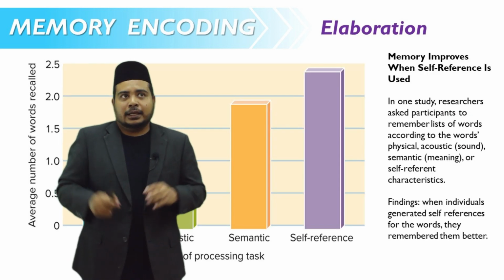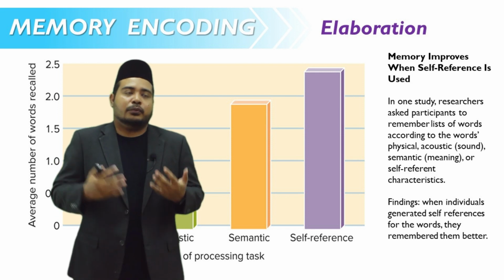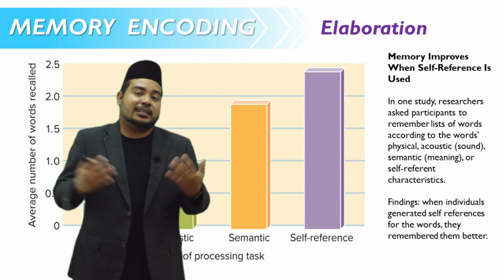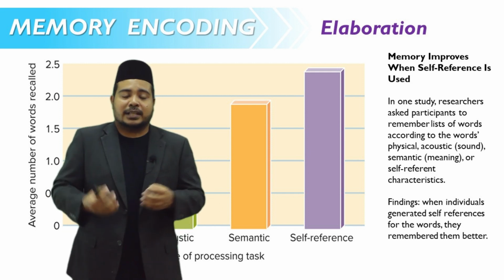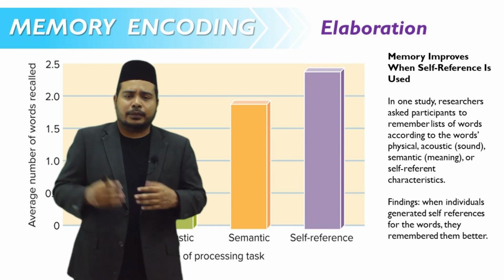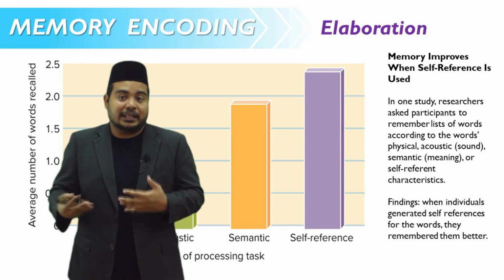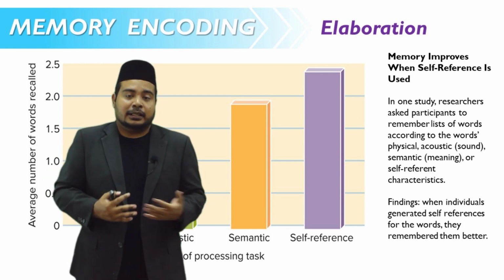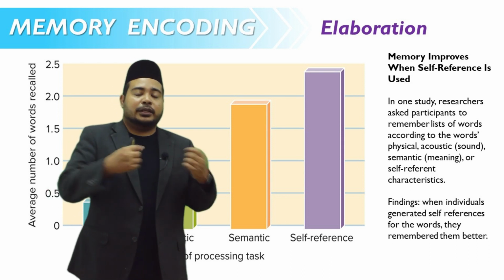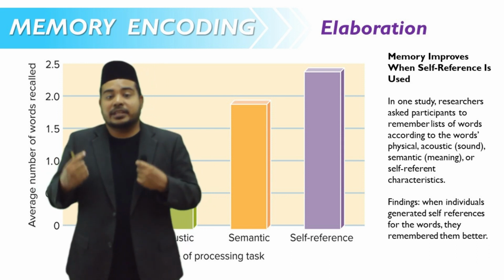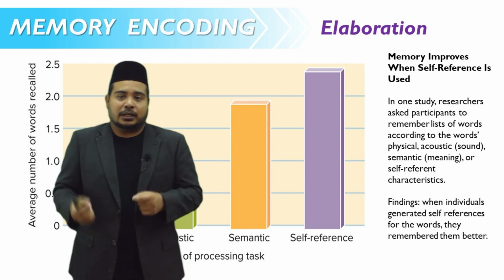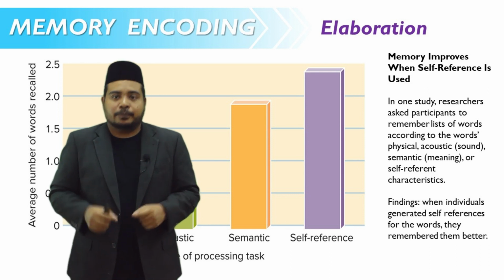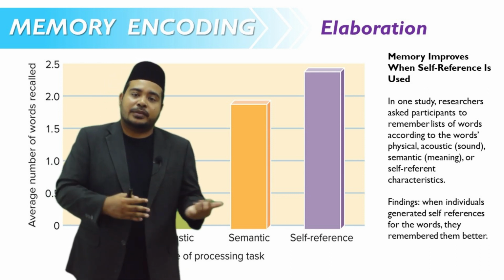The information we get comes in different forms: physical features like the sounds, the color, the shape, the size, the acoustic, and the semantic, the meaning. We can use all of these for elaboration, connecting new information we want to encode to the information we already have. But according to psychologists, the most effective way is to use self-reference. Memory improves when self-reference is used.